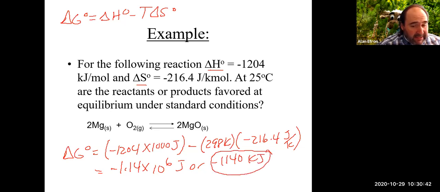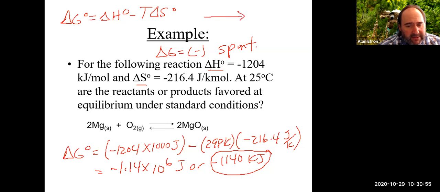Again, here we did hit a negative value for delta G, and that should mean that this reaction is spontaneous. And again, if a reaction is spontaneous, that means it should be heading towards the product side, right? So it should be happening the way it's written, going from reactants to products.